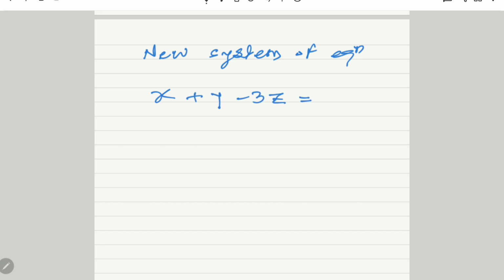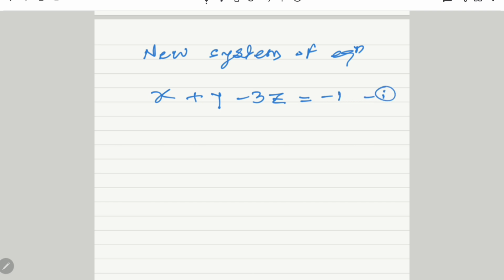To obtain that infinite number of solutions, we have to convert matrix form to equation form. Therefore, from first row we get the equation as x plus y minus 3z is equals to minus 1.